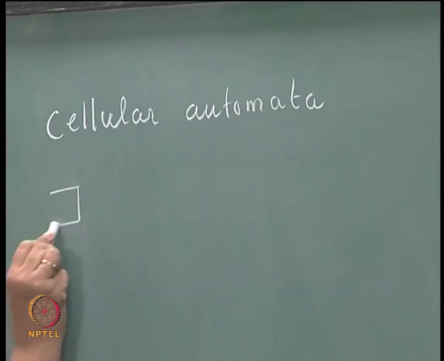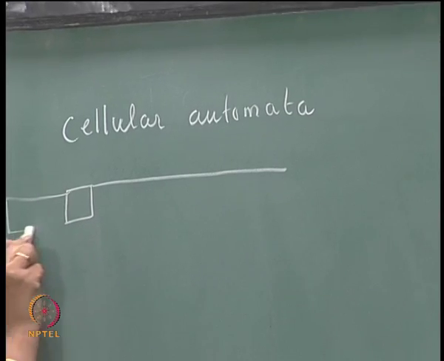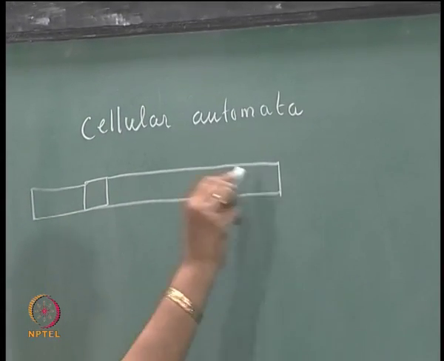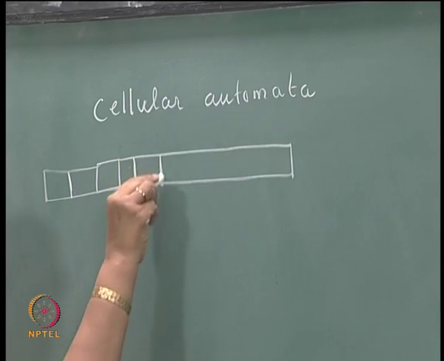Somewhat like a finite state machine, you have a one-dimensional tape. It is divided into cells.